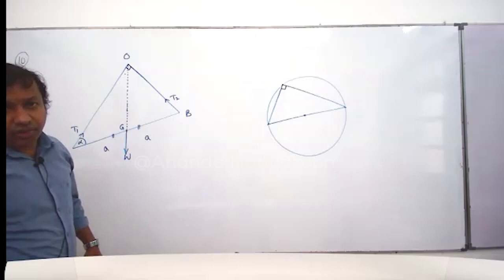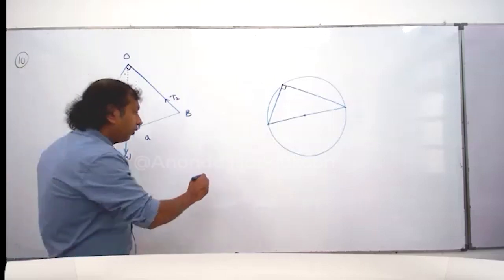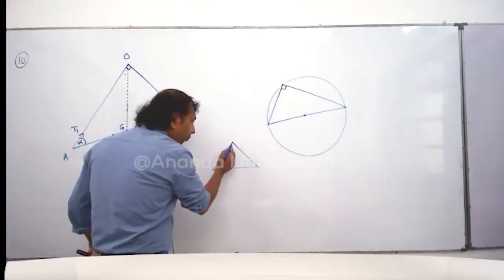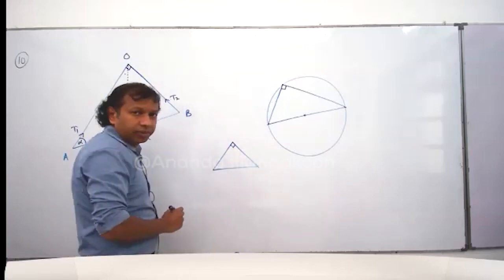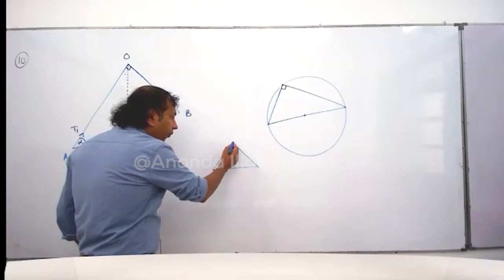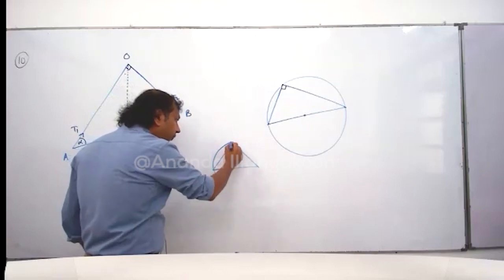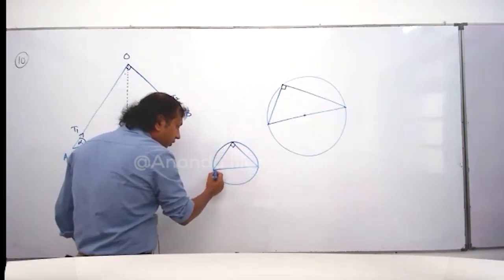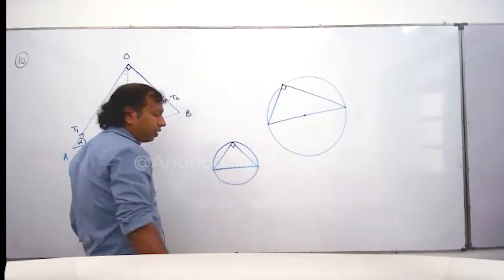Conversely, when we consider a right angle triangle, we can draw a circle passing through the three vertices such that the hypotenuse becomes its diameter.